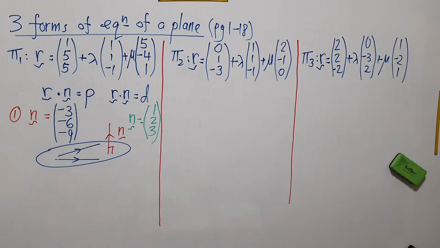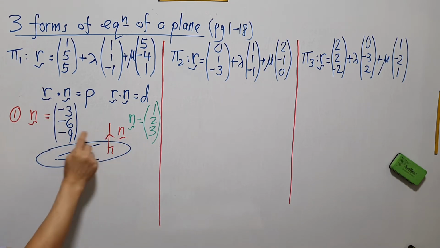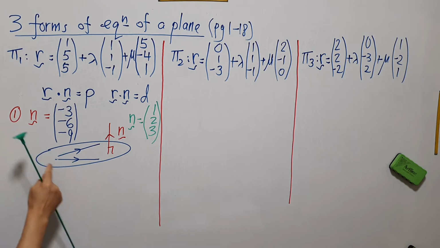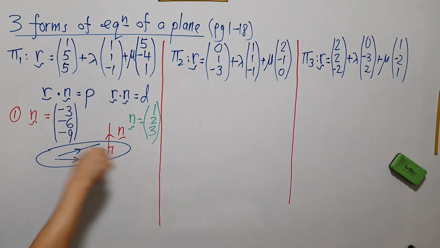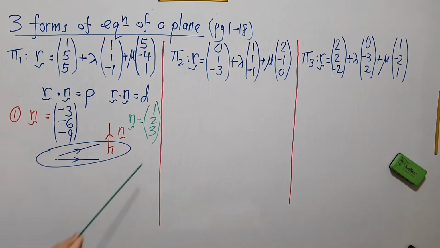Why is it possible? If you have a vector that goes up this way, this vector, in the opposite direction, is just going downward, but it is still perpendicular to this plane. Not only does it go downwards, it's also shorter, and it's also possible to be used as my vector n here.